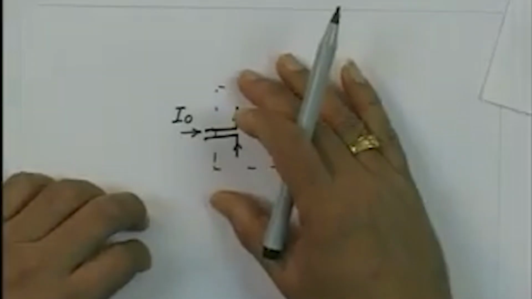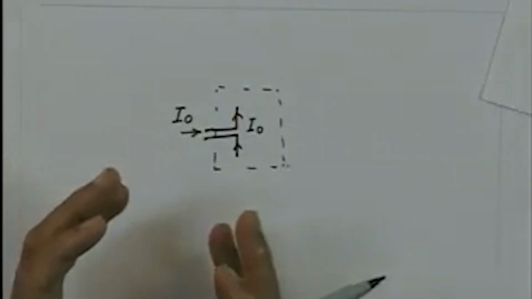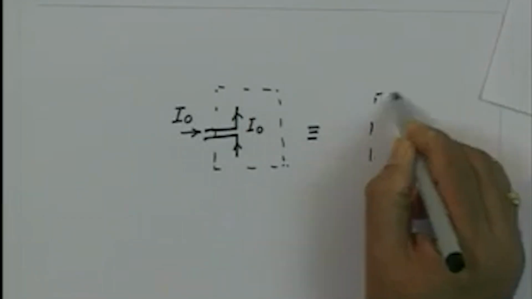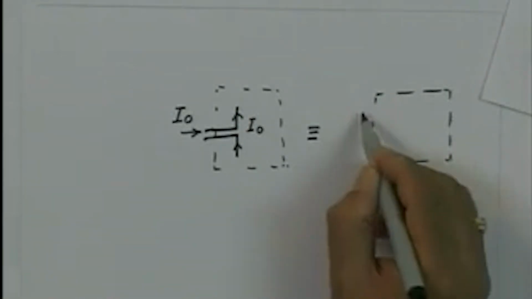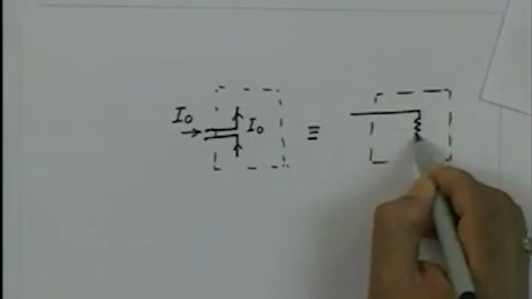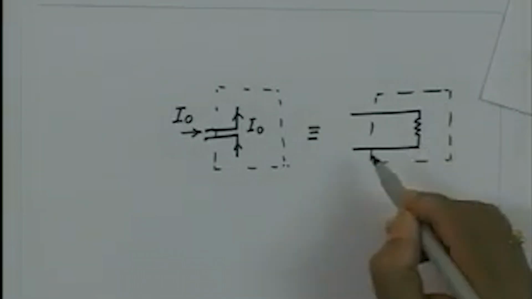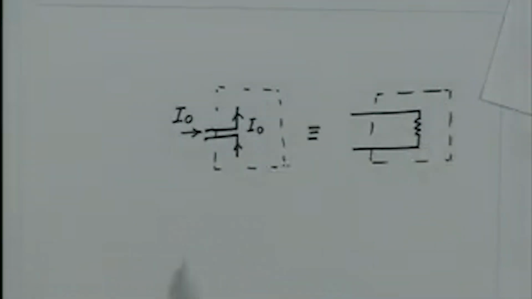So, if I treat this Hertz dipole like a black box, this black box will appear like a resistance. So, when the current is pumped into that, there is a power loss inside it, and that is the characteristic of a resistance. So, equivalently, this black box is equivalent to some resistance which consumes the same power as the power radiated by the Hertz dipole.